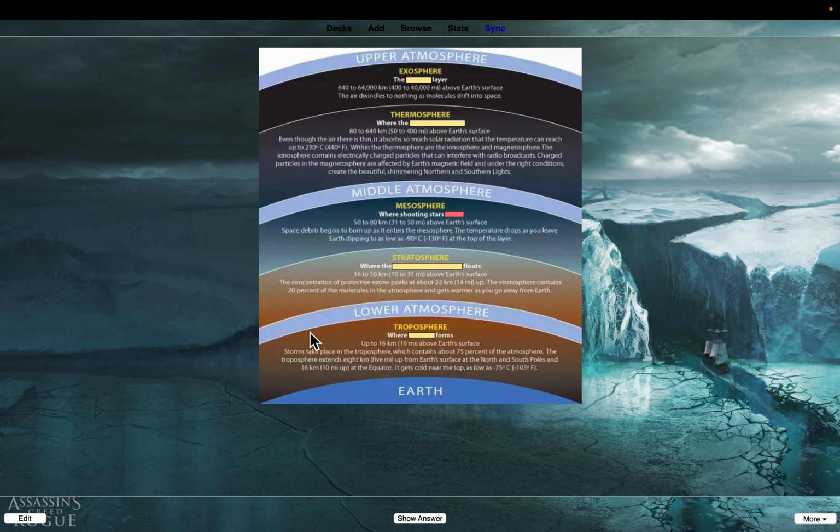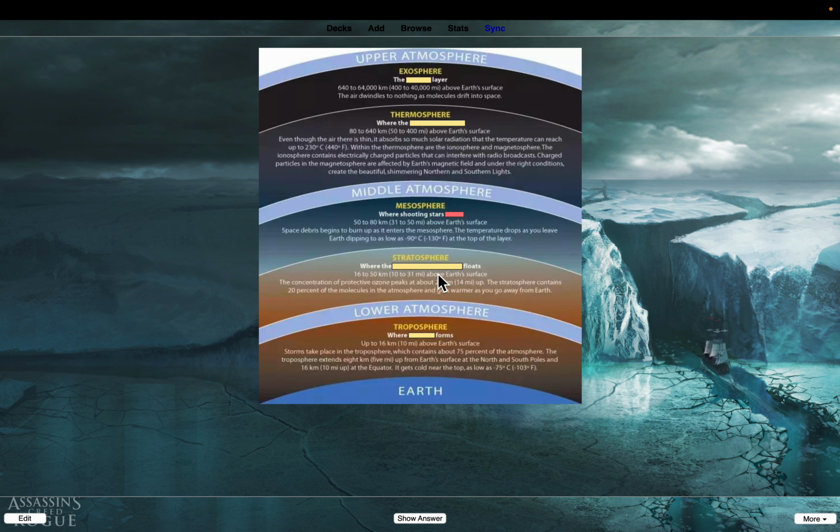Okay, so let's talk about the layers of the atmosphere. The lowest layer is the troposphere. I think this is where buildings are seen. I don't think there has been any building that has reached higher than the troposphere.